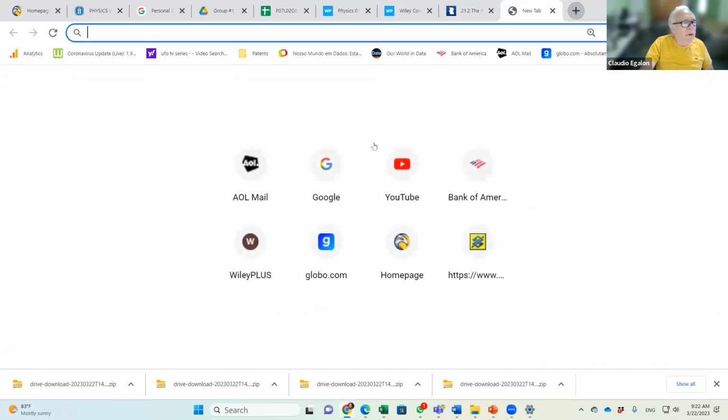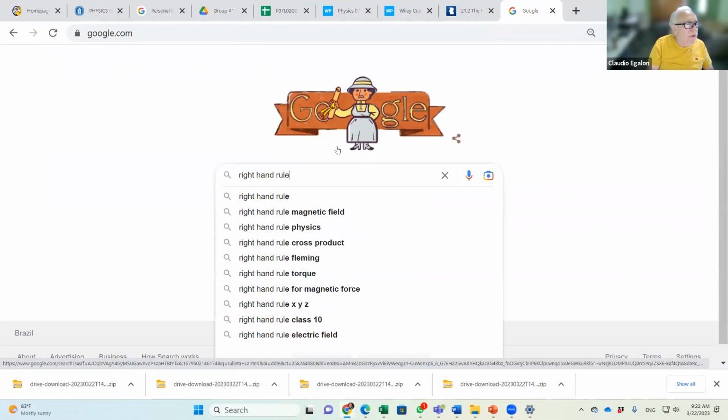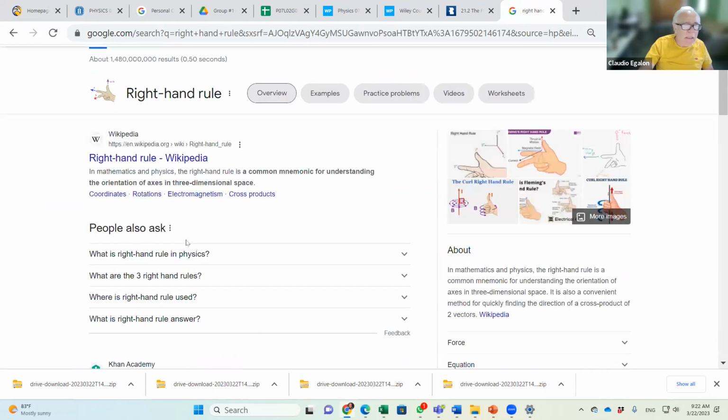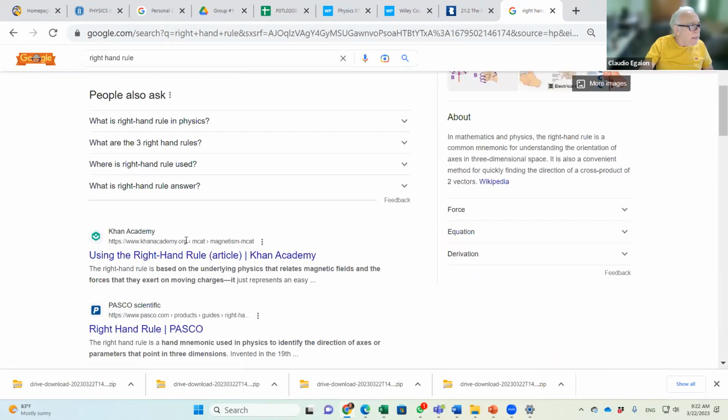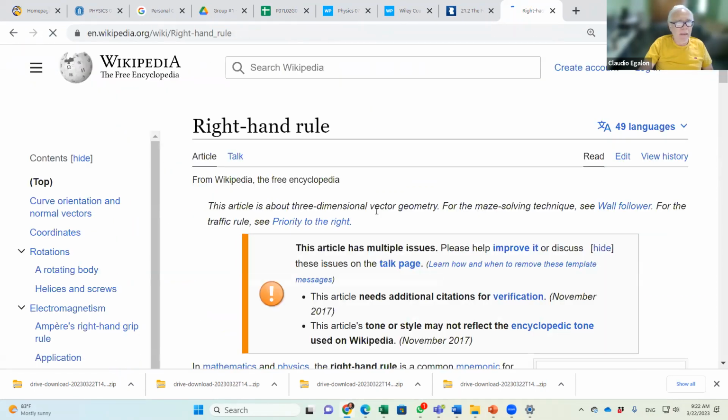Okay, another way, right hand rule. Wikipedia.